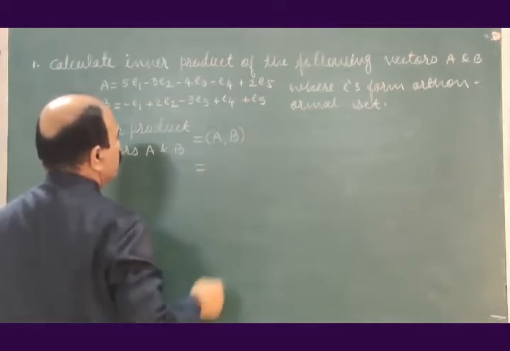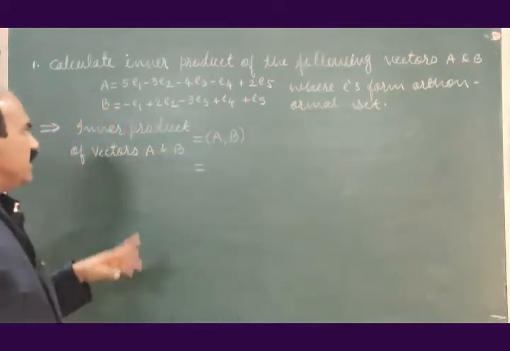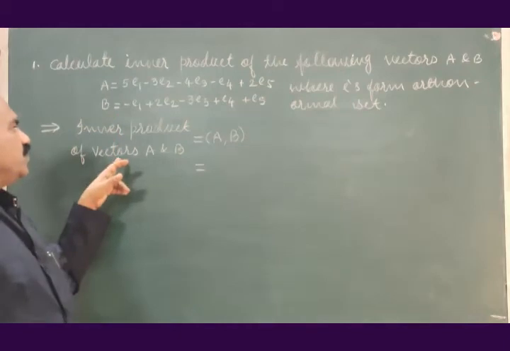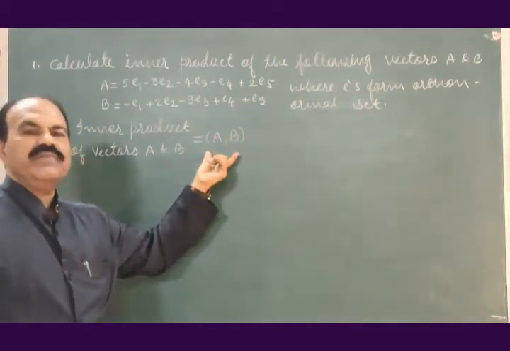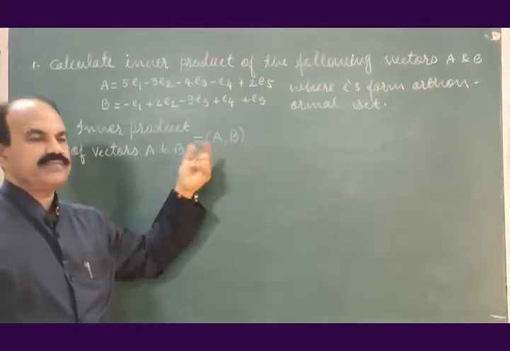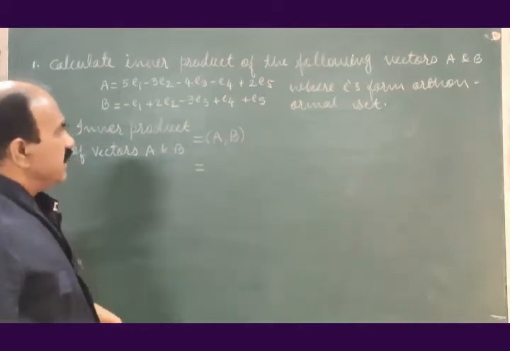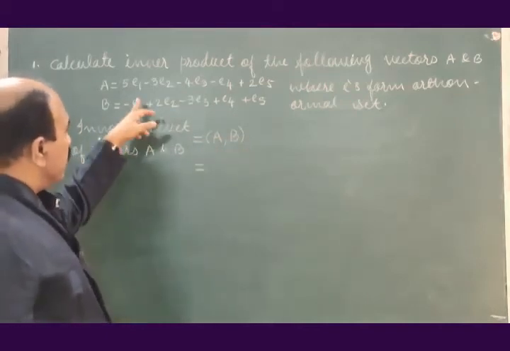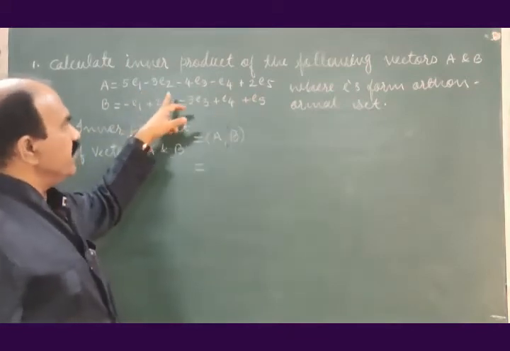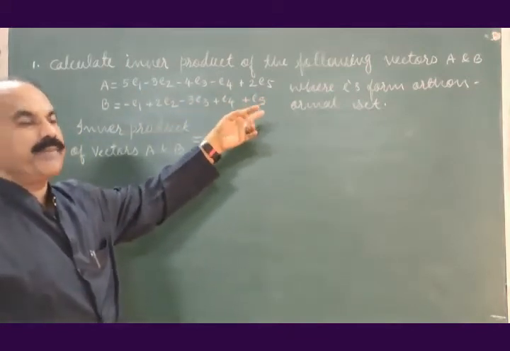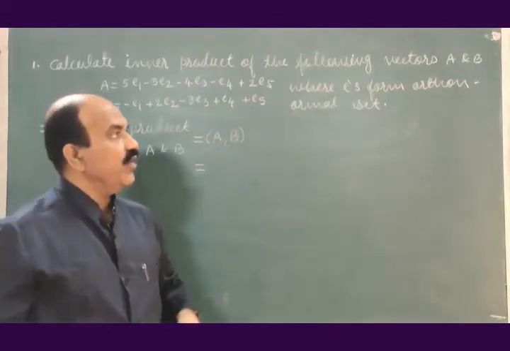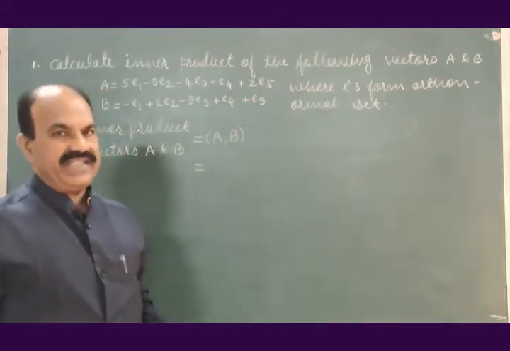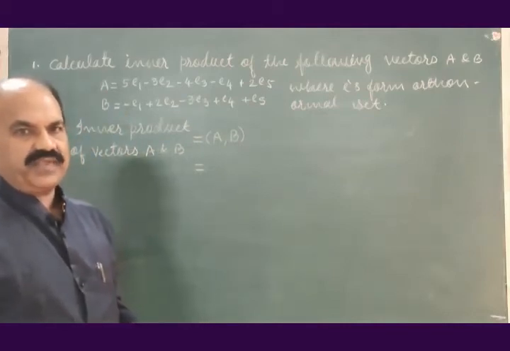Inner product of two vectors A and B is equal to within the bracket A comma B. As you know, all of E1, E2, E3, E4, E5 in vector A and vector B form an orthonormal set of vectors.